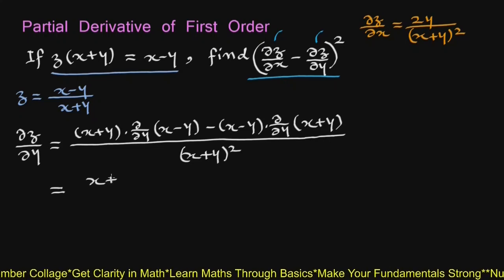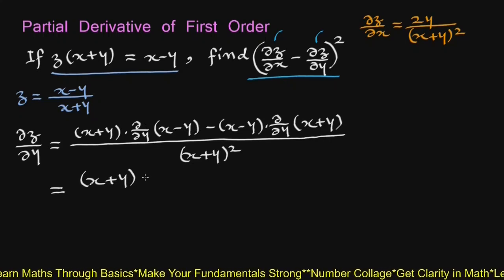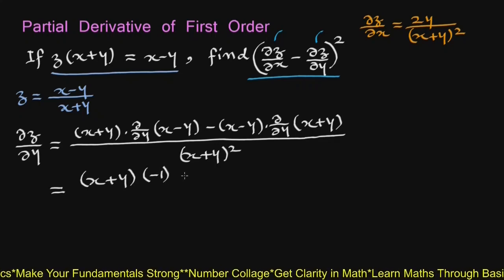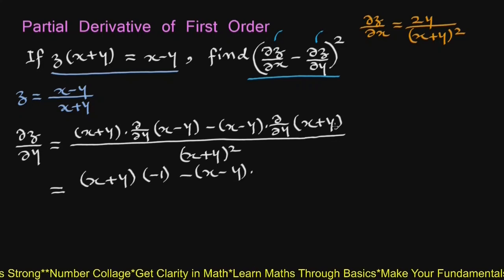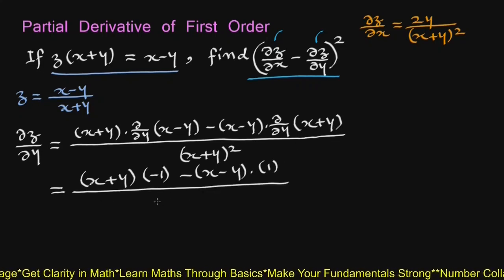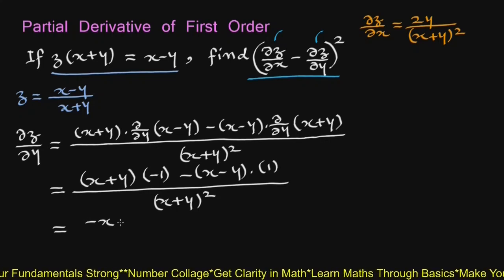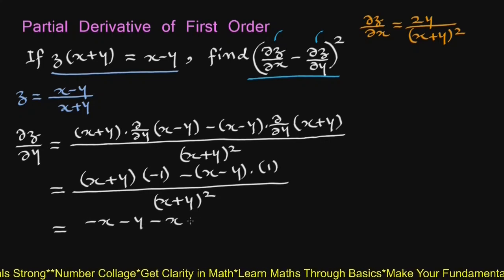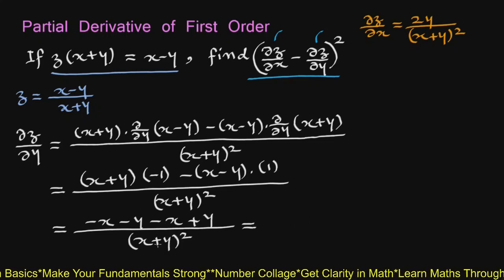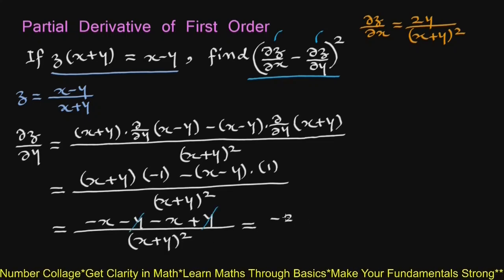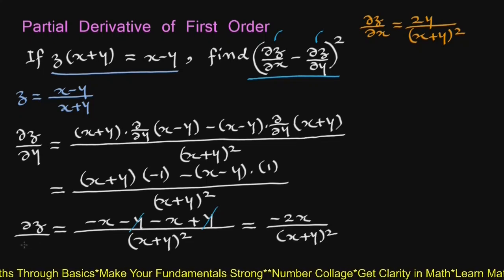This is (x plus y) into ∂/∂y of (x minus y), which will be minus 1, minus (x minus y) into ∂/∂y of (x plus y), which is 1, upon (x plus y) whole square. This is minus x minus y minus x plus y upon (x plus y) whole square, which is y minus y 0, minus 2x upon (x plus y) whole square. This is ∂z/∂y.